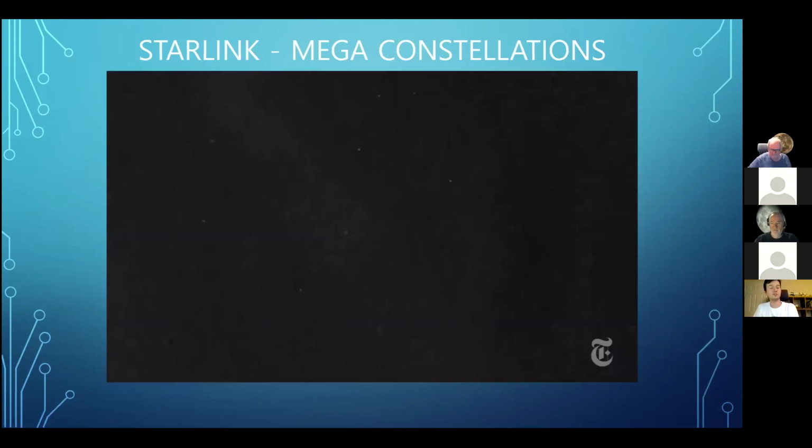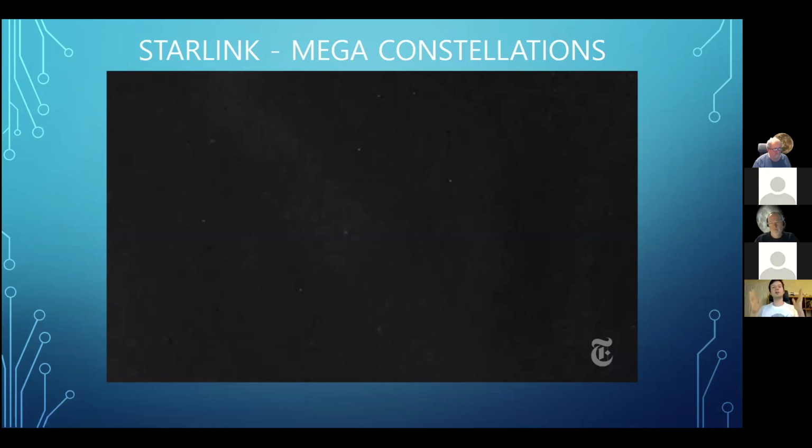A few videos just to make it interesting as to how they look from Earth. This first video, I believe, is from the Netherlands, and it's looking at the satellites shortly after launch. The way these satellites are launched is through SpaceX, I think 60 at a time.